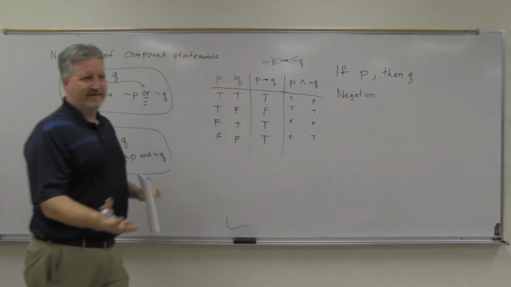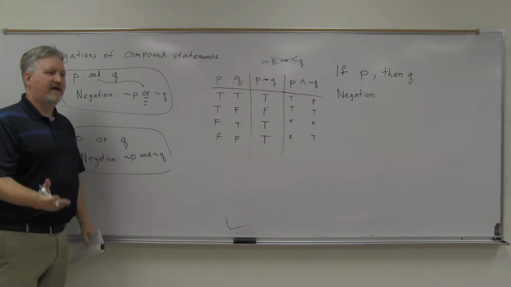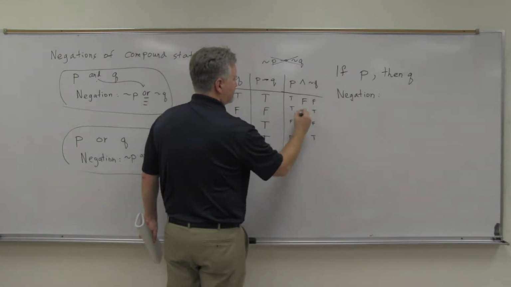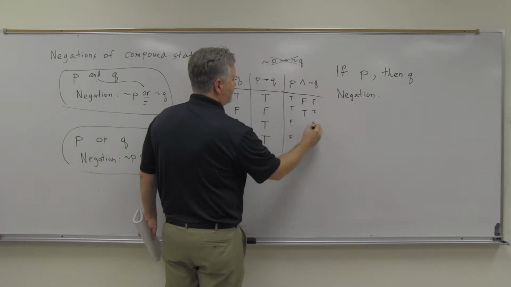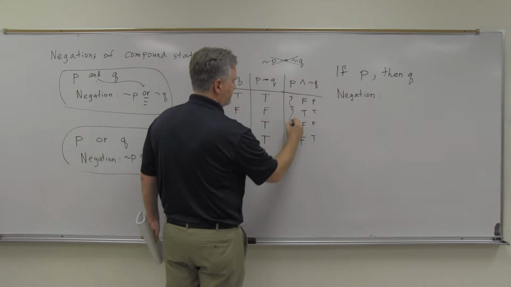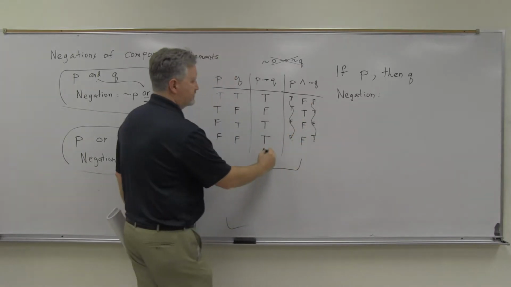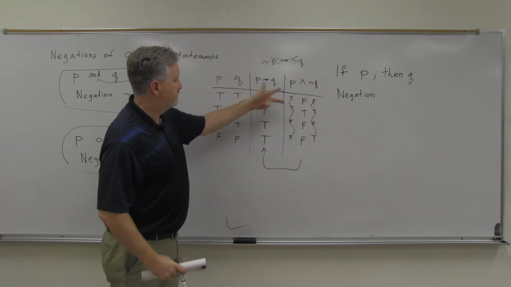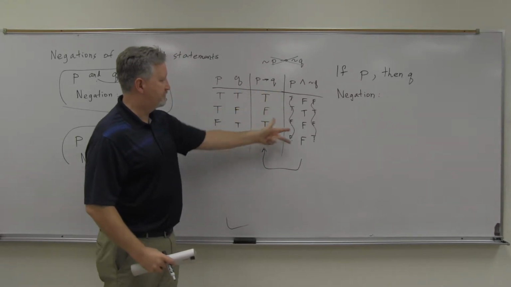We're going to AND those together. And both of them have to be true to be true. True and false is false. True and true is true. False and false is false. And false and true, that's also false. And so look at those results. Exactly the opposite in each case. True, false, false, true, false, true, false.